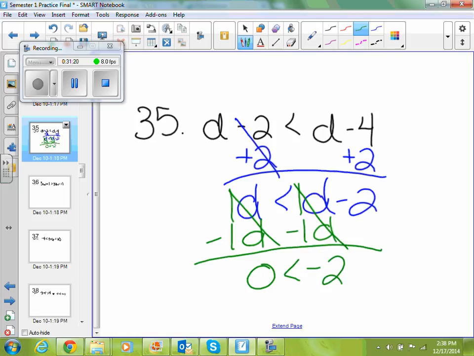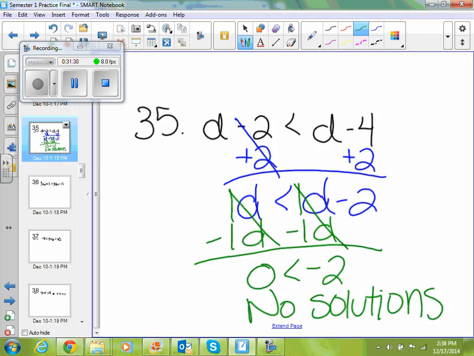Is 0 less than negative 2? No. So you're right, it's no solution. If you end up with no variable, like in this case where we had no letters left, it's either all solutions or no solutions. Any questions on 35?